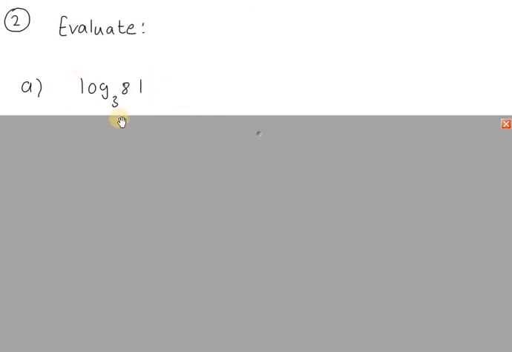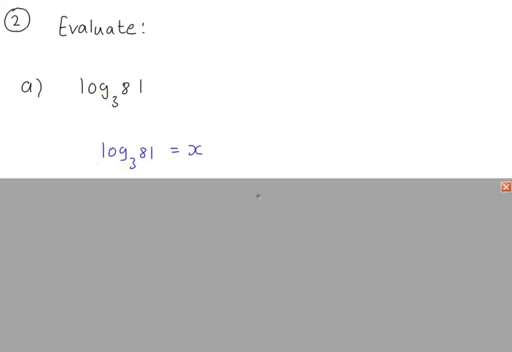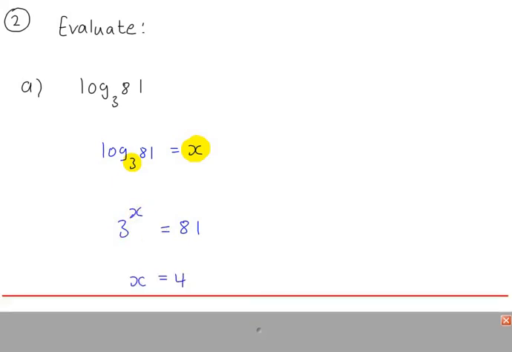So if I let all of this be equal to x, and then rewrite this in exponential form, we have base, power: 3 to the power of x is equal to whatever's left over, 81. So 3 to the power of 4 is equal to 81.